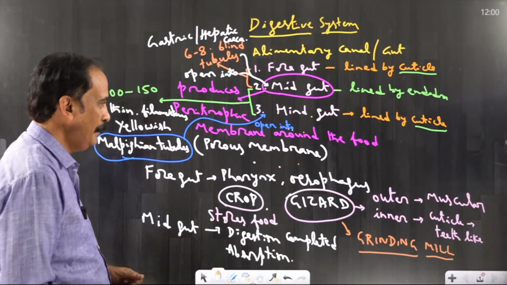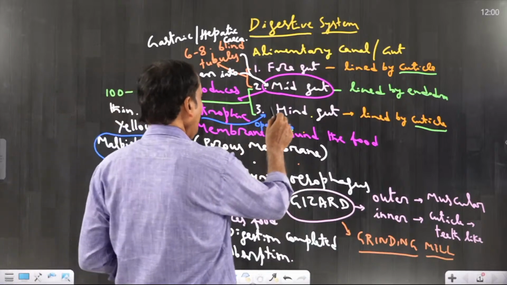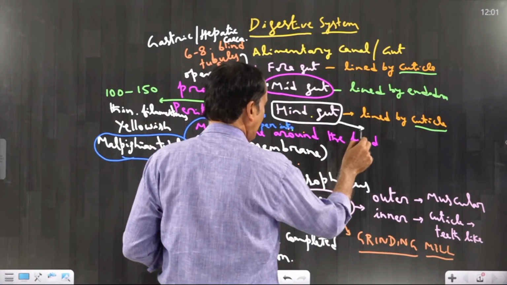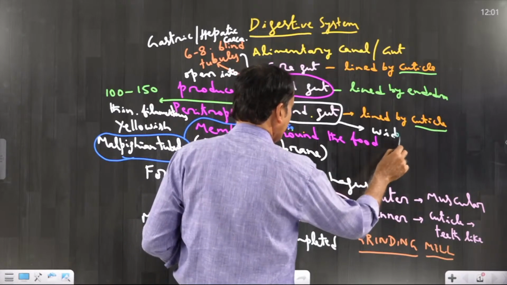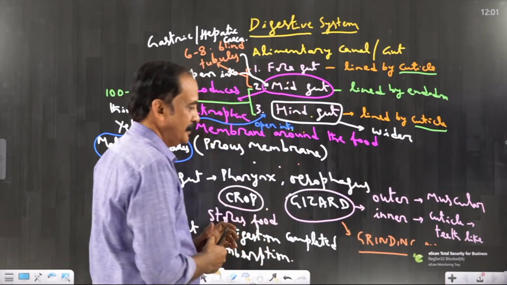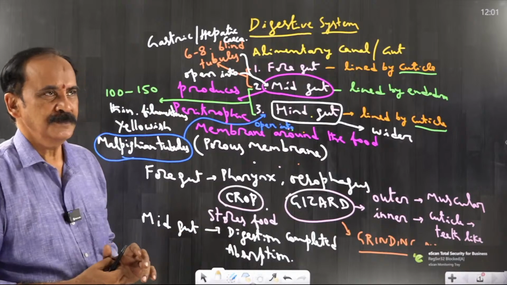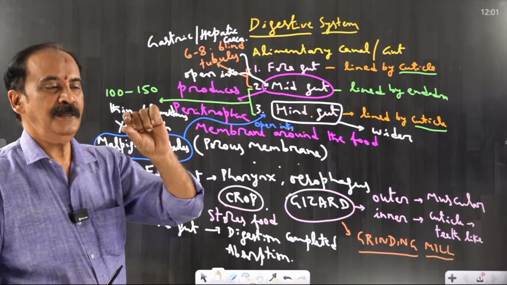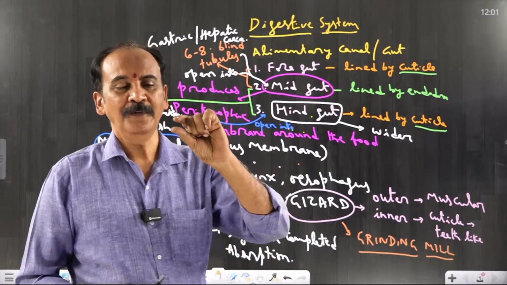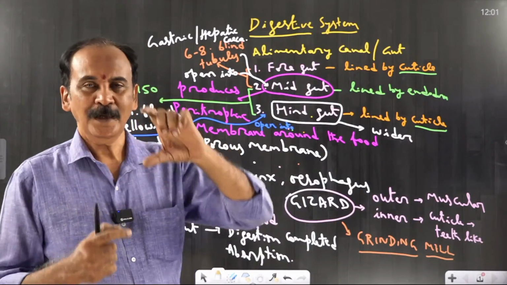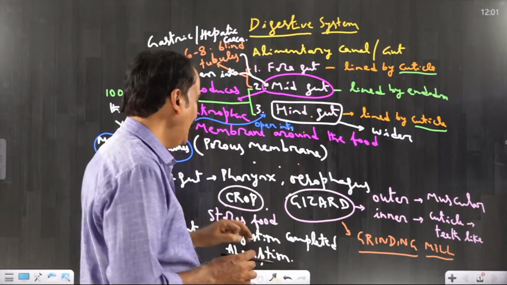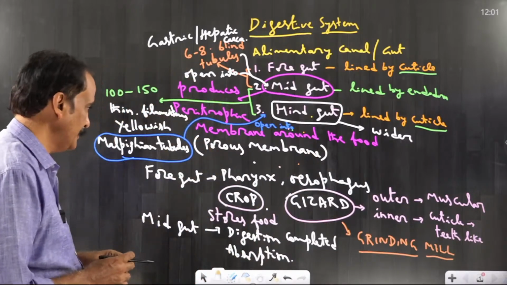And hindgut is comparatively wider than midgut. This structure is comparatively wider. Wider means it will have a large lumen compared to midgut. Midgut is a bit narrow, having a small lumen. When it comes to the hindgut, it is wider because the lumen is somewhat larger than midgut.